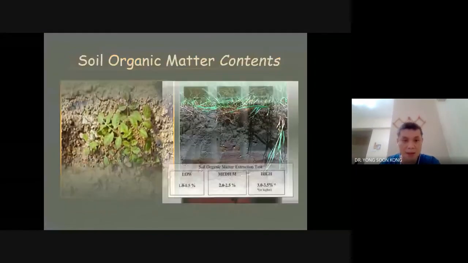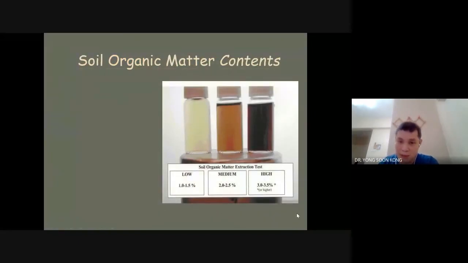Okay, now what you can see right here are three vials of water extract. We use water and mix it with the soil, and from there you can extract organic matter. Whatever you can see inside here is considered the dissolved fraction.